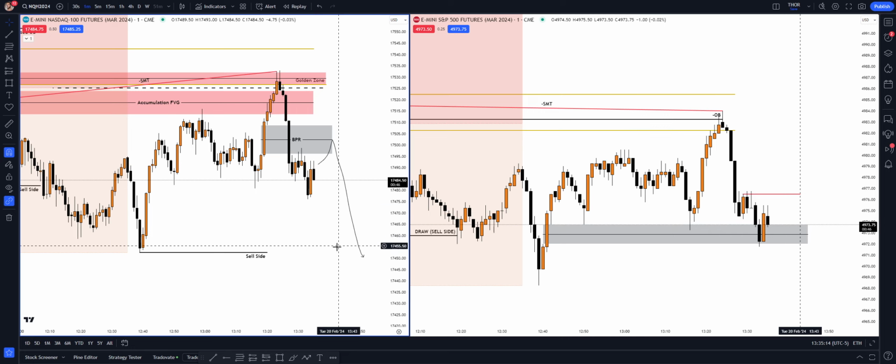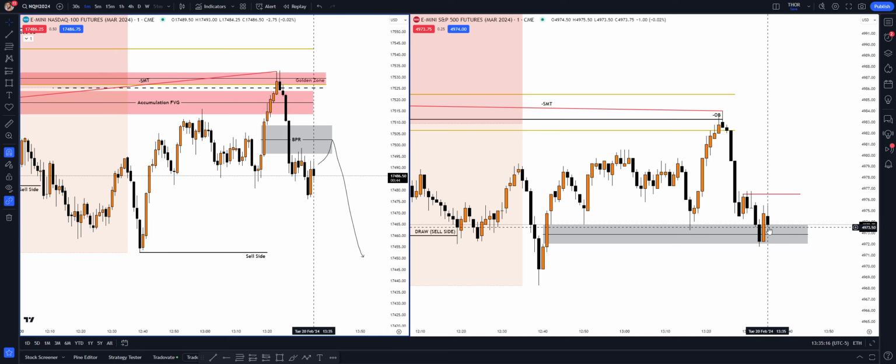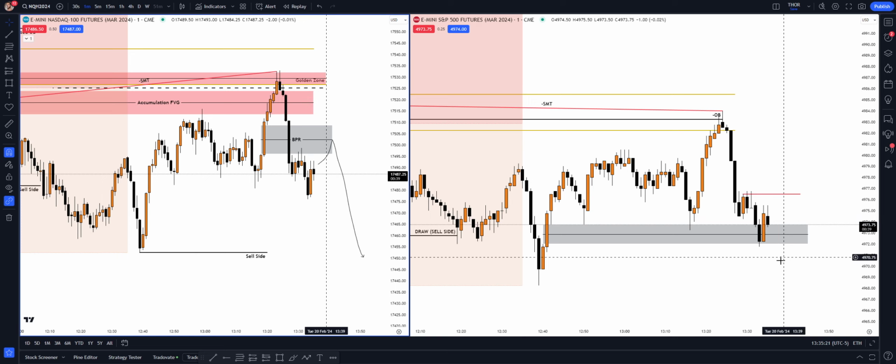So either this candle or the following candle should just displace lower.